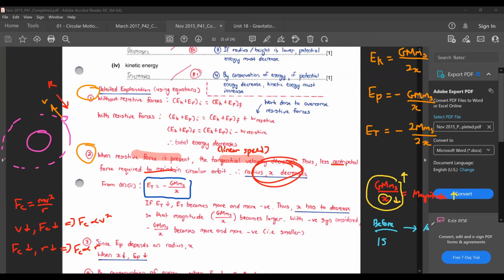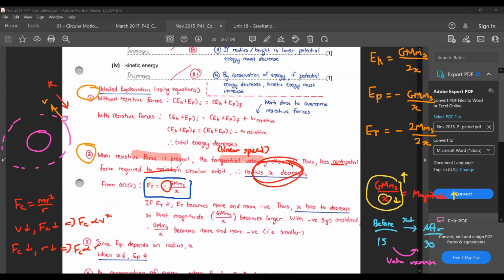Then after this, because your X drops, your value now becomes larger, say 30. You can easily tell me that value has increased. But the problem is your total energy here has a negative sign.